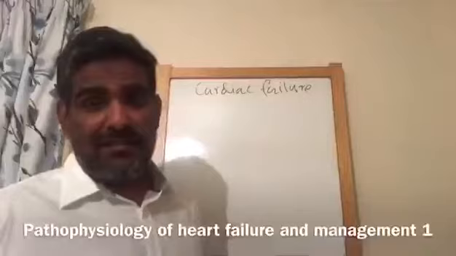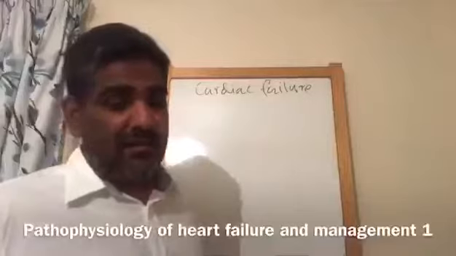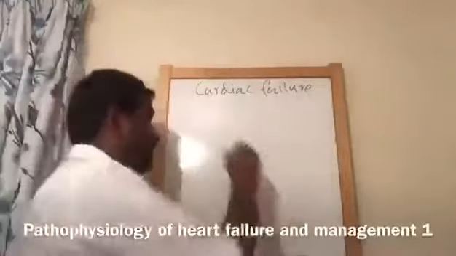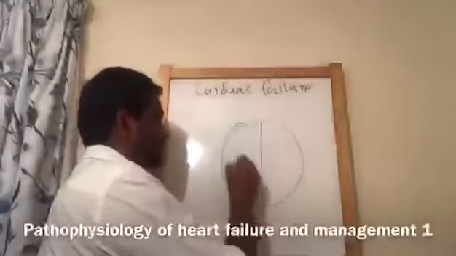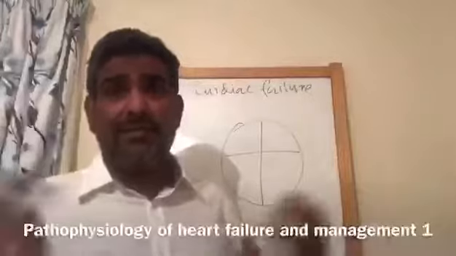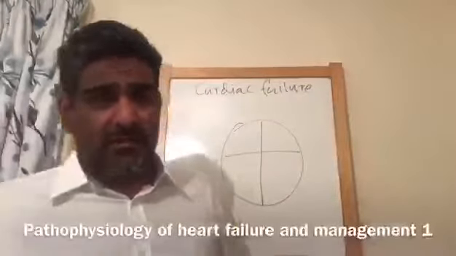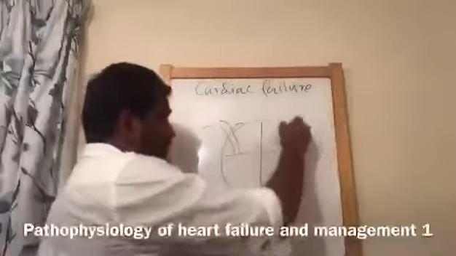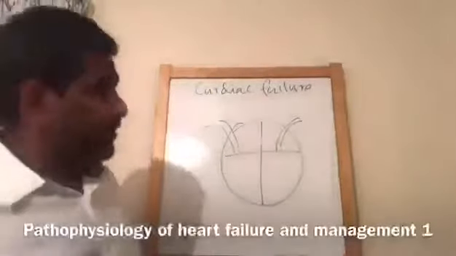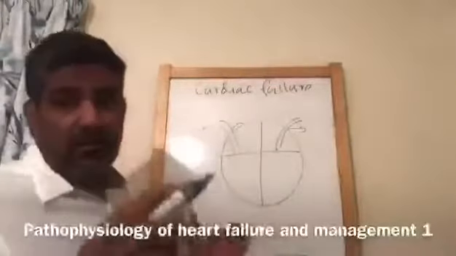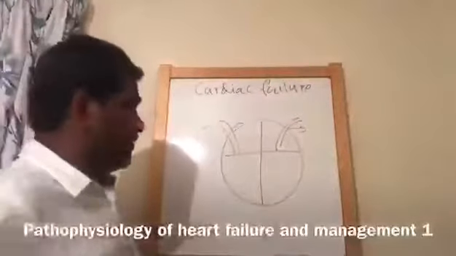Okay, now we look at the novel pathophysiology behind this heart failure. A healthy heart pumps what it gets. What does it mean? Whatever it receives from its veins, either pulmonary veins or vena cava, superior and inferior vena cava.